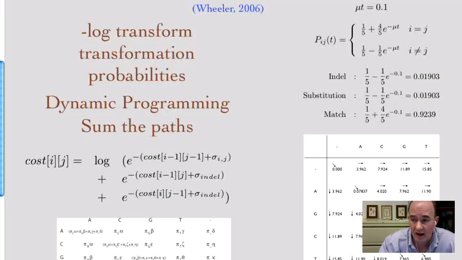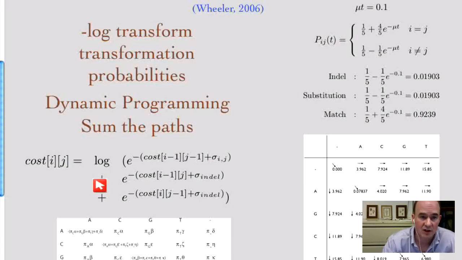On the upper right, I have a very simple Neyman model, but one can do this with a more complex one, where you have 5 states, in this case A, C, G, T, and gap. Given a certain edge parameter, one can calculate the probabilities of transitions between the different states. Then taking the negative log transform of that, one can go back to the same dynamic programming algorithm that was used to do string matching, with one subtle distinction, and that is right down here.